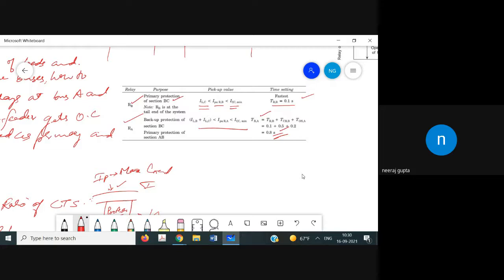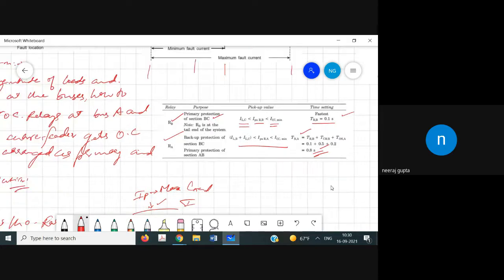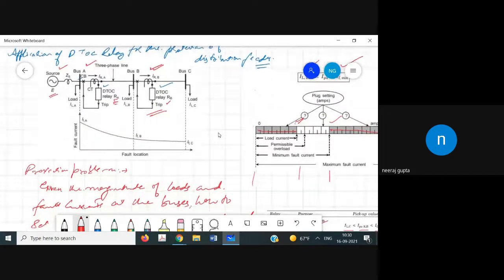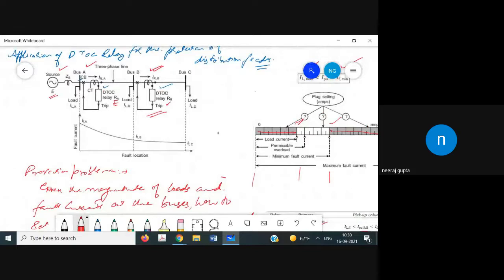Now, as we have discussed in previous lectures, as we move towards the source, the fault current becomes larger, because the impedance is reduced.